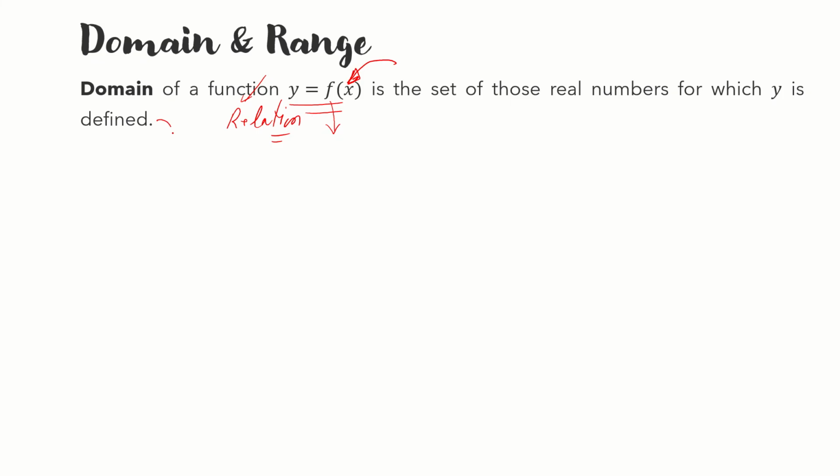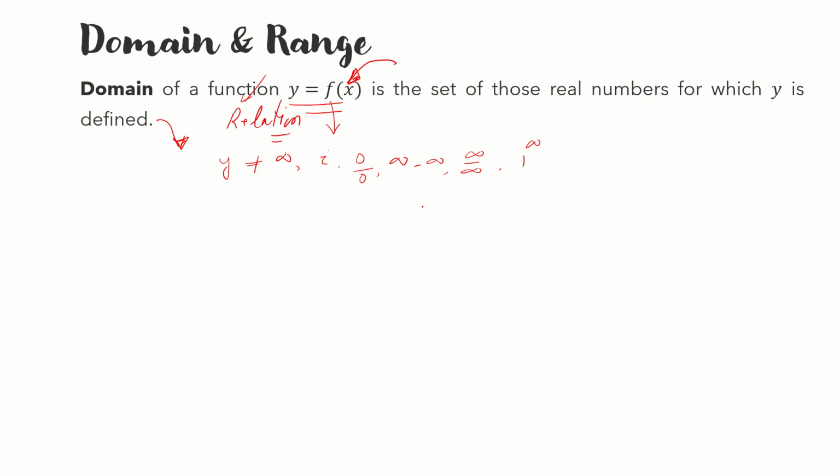When we use the word defined in calculus, that would mean the value of y should not be infinity. The value of y should not be a complex number; it should not contain iota. And it should not be an indeterminate form, like 0 by 0, infinity minus infinity, infinity by infinity, or 1 power infinity.